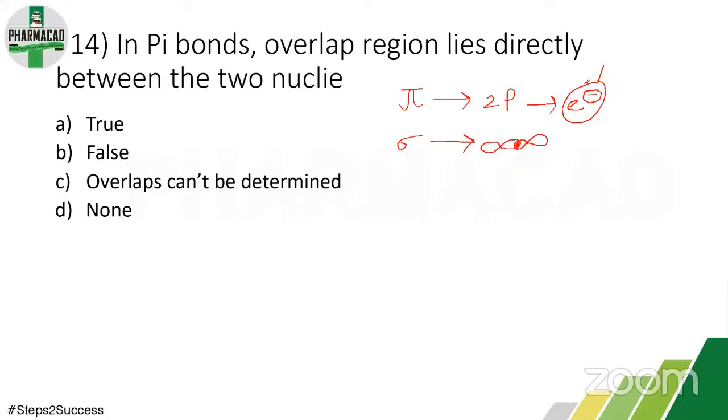So they are talking about the region between two nuclei, and they are talking about pi bond only. It means that this statement is correct. So in pi bonds, overlap region lies directly between the two nuclei. Yes, the statement is true.